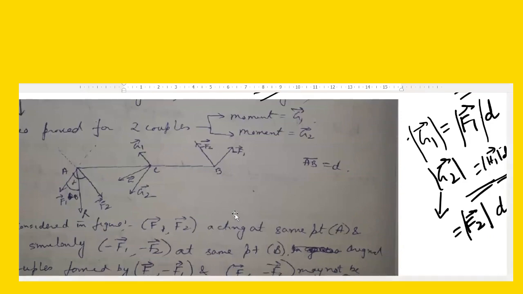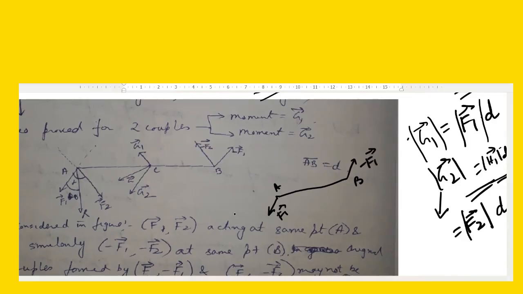So for that, we put the forces at the point A. What I started with was A, where F1 was acting, and B, where minus F1 was acting.